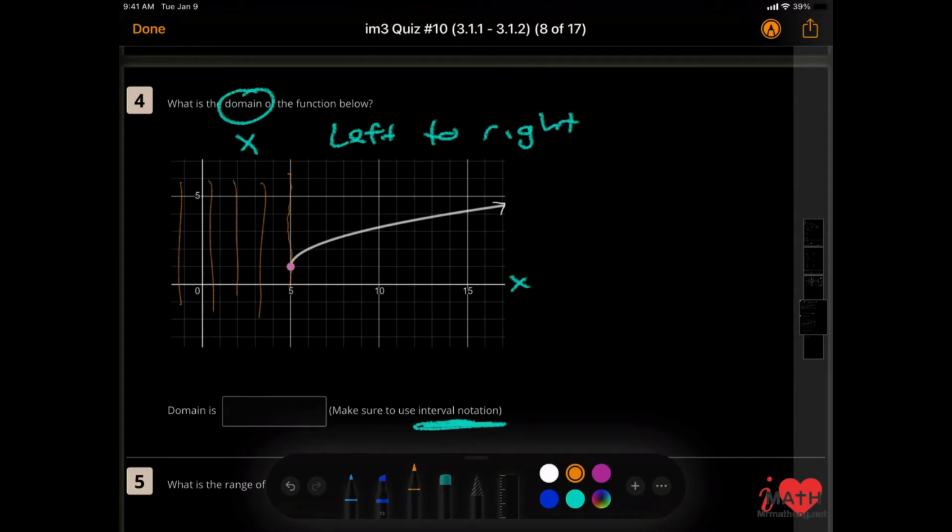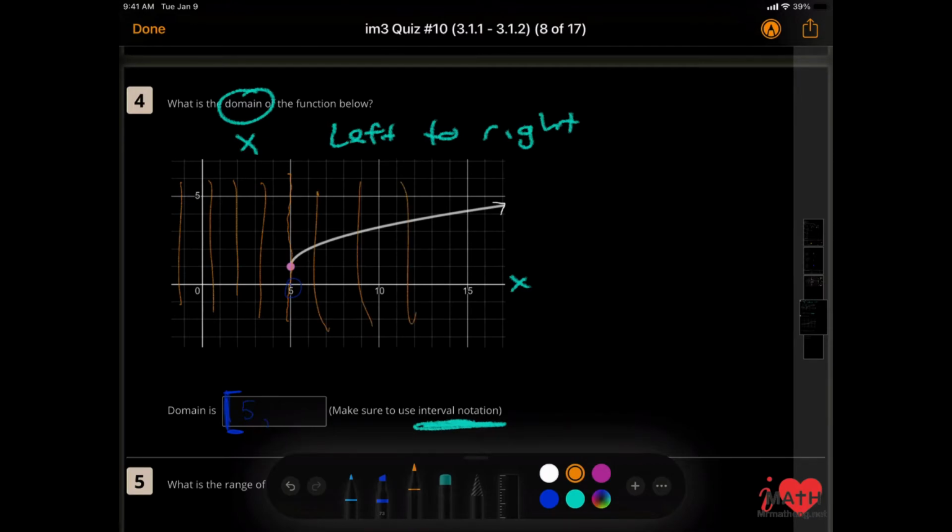Okay, there is something here on this graph. Look at the x-axis. The graph starts where? The graph is starting at 5. Okay, it is a closed circle, so you're going to use a bracket. And remember, this is not an ordered pair. Let's go back to our orange.